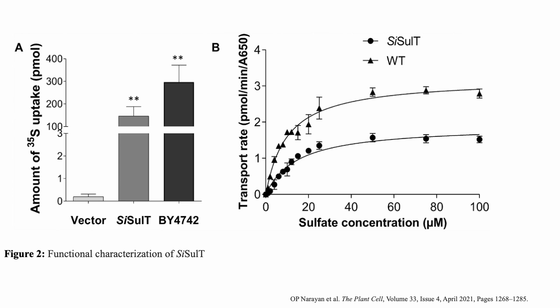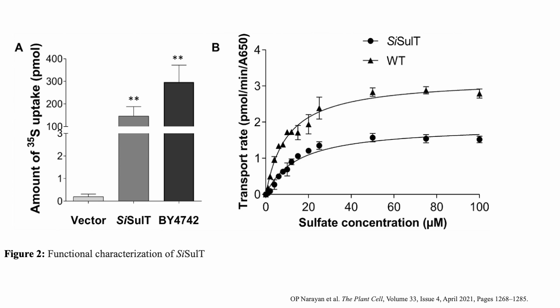We then probed the uptake kinetics of SUL1 and SUL2 in BY4742 and HK14 transformed with SiSLT under a range of S35 labeled sulfate concentrations from 1 to 100 micromolar.